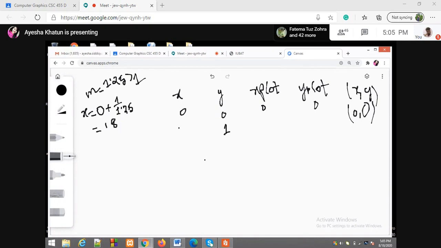Since we will not consider the fraction, and after the decimal point it has 8, greater than 5, we will consider it as 1. And here also we will get 1. So the point to be plotted will be 1, 1.